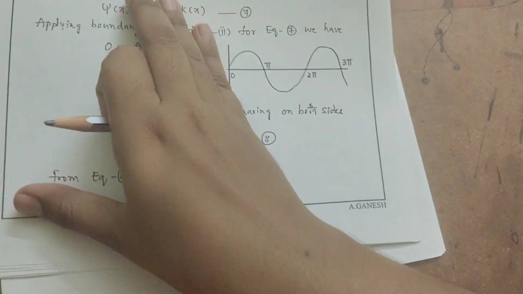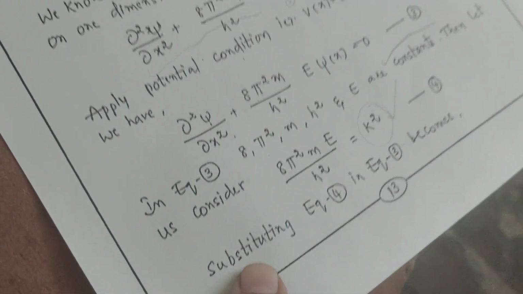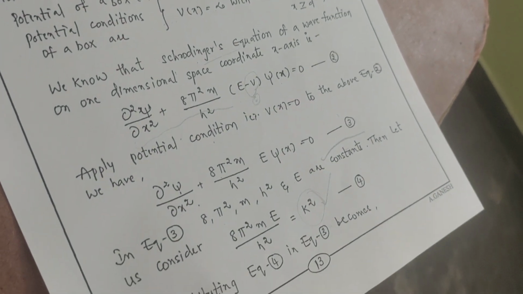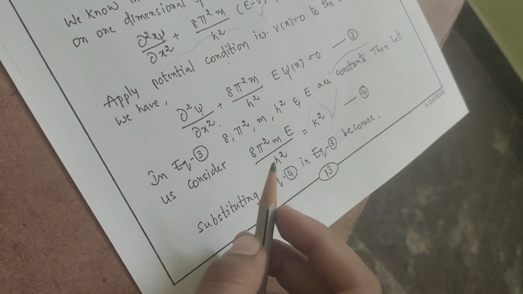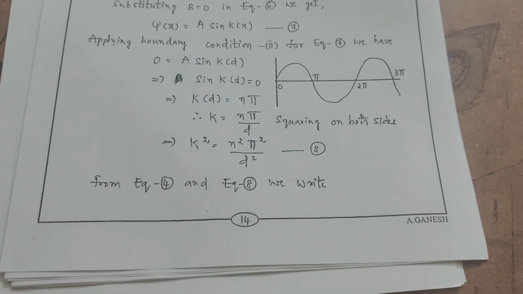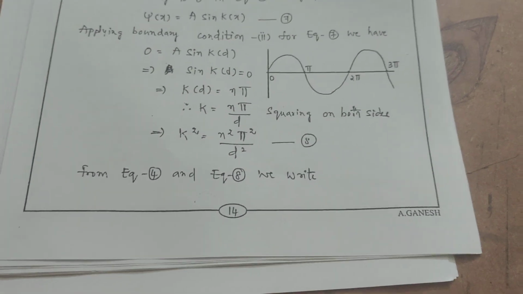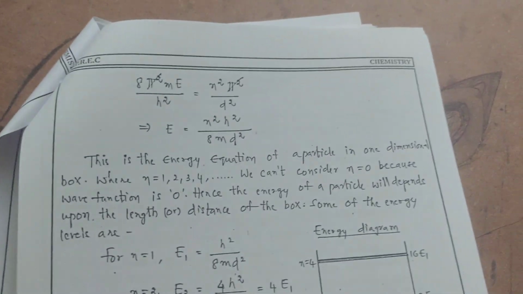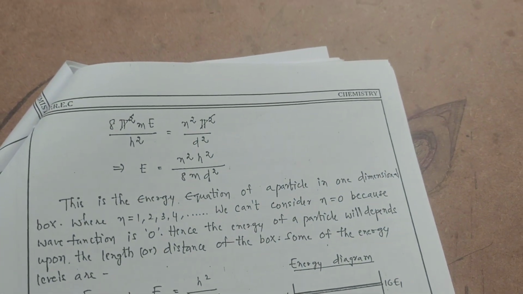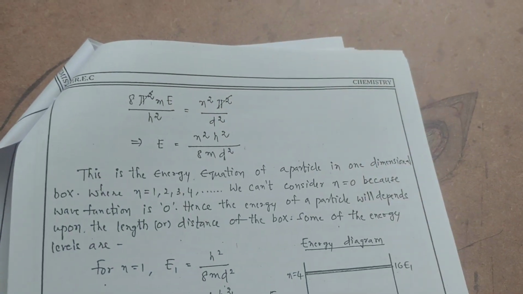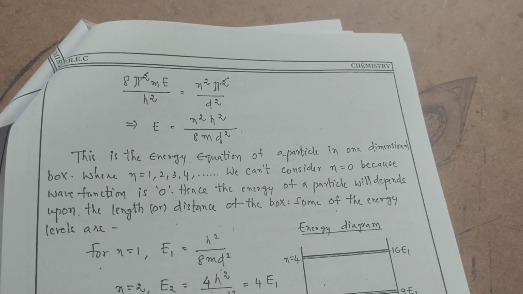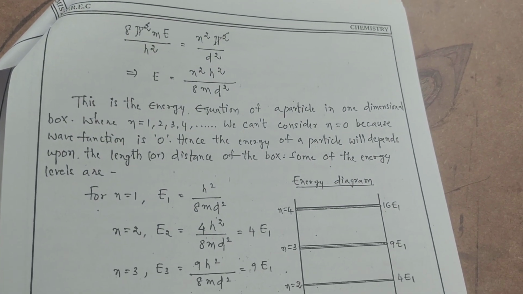If we see the earlier equation, here is k square. So this k square and this k square, we are comparing both. After comparing both k squares, pi square will be cancelled, and we get the equation for E. This is the energy equation of a particle.